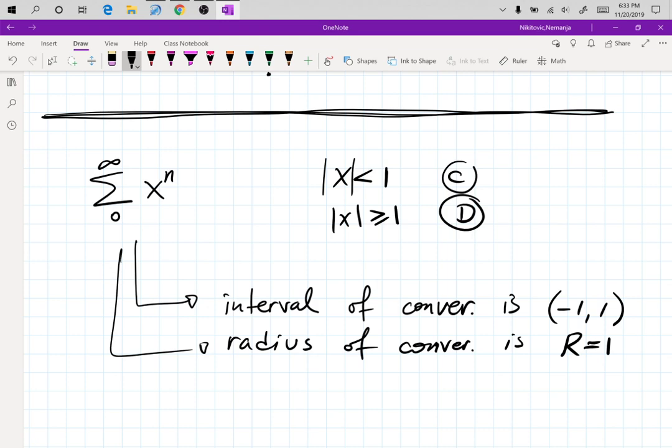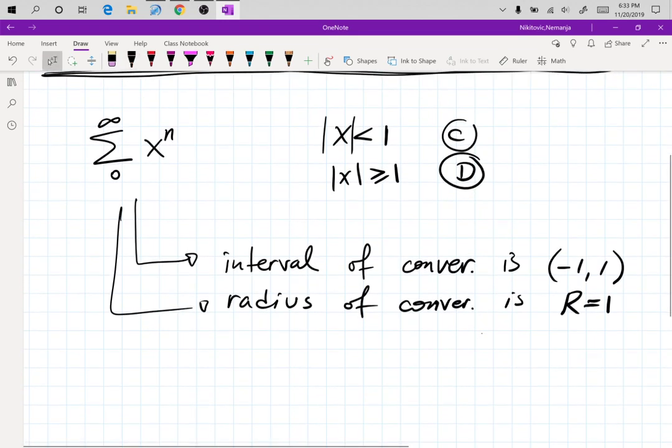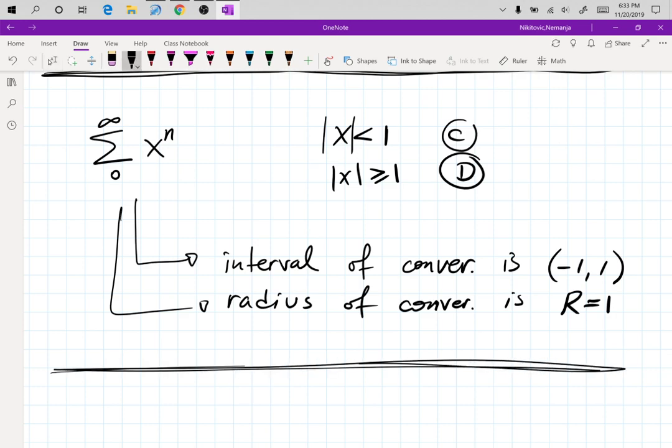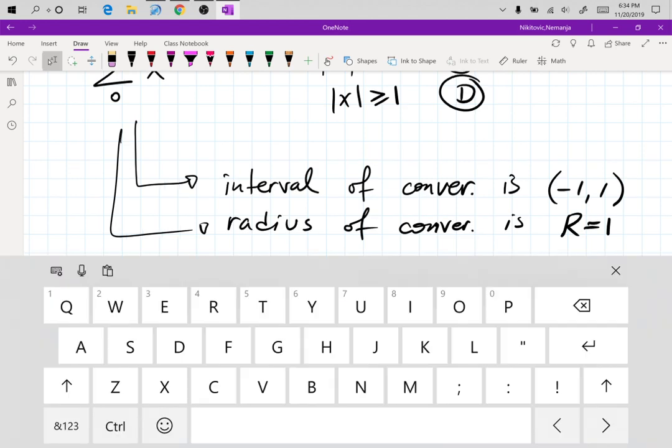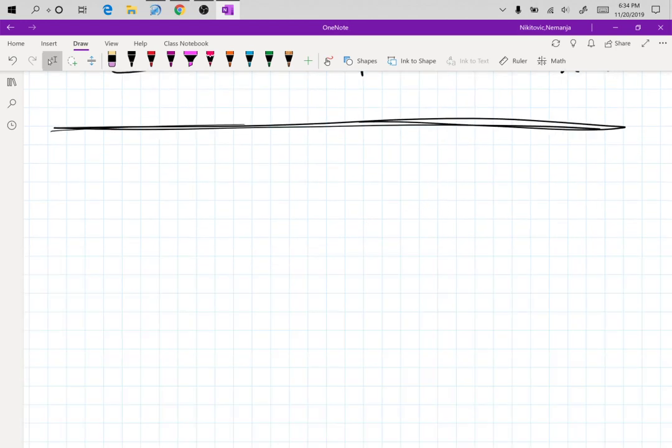So now we would like to talk about the interval and the radius of convergence and take a look at what kind of cases we can run into. Now, this is one of those rare times when I actually use examples from the book, because these examples are really awesome to understand the difference of what we have.